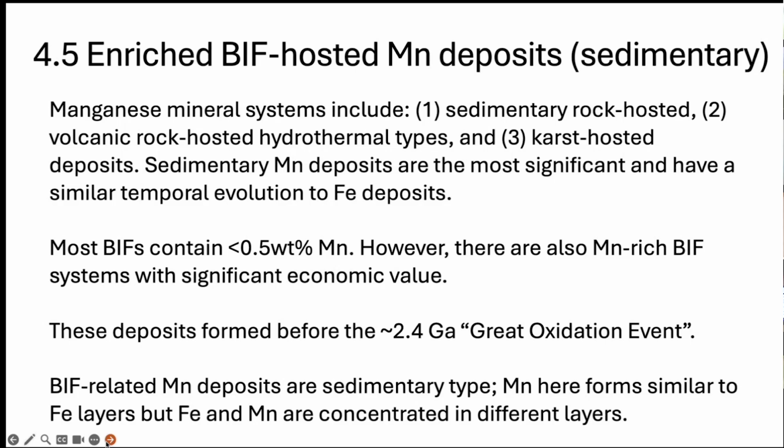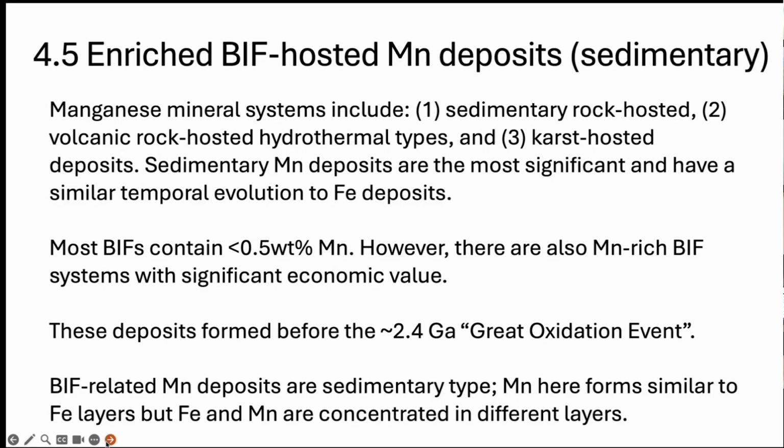They have a similar temporal distribution to iron deposits. Most banded iron formations contain less than 0.5% manganese, but there are some that are rich in manganese, where the manganese has significant economic value. And these, like the BIFs, formed before the 2.4 billion year Great Oxidation Event.